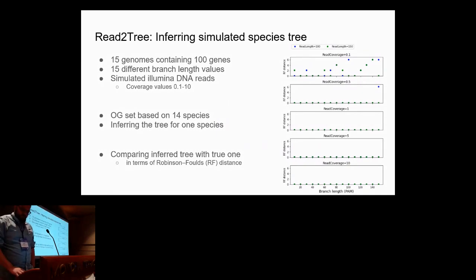So here in the middle, I hope you can see that, you have the BEM value of 100 up to 140, and 100, just to remind you, means that on average there is one substitution per site, right? So the evolutionary distance in the simulation is pretty high, and we can still achieve accurate results, even with very, very low read coverage from Illumina reads.